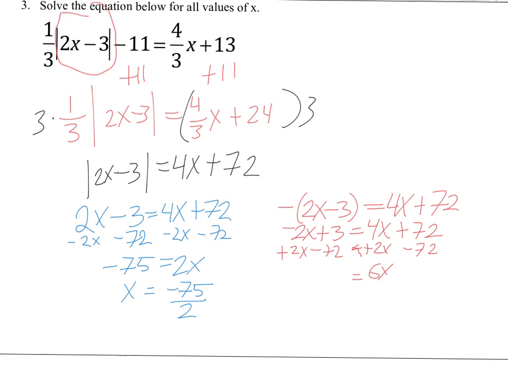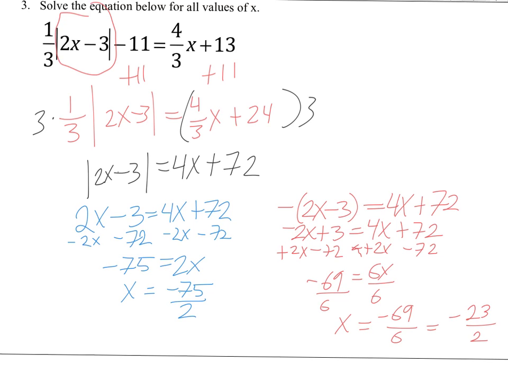And when I do that, I get negative 69. Divide both sides by 6, and I get that x is equal to negative 69 over 6, which, both being divisible by 3, is negative 23 over 2.